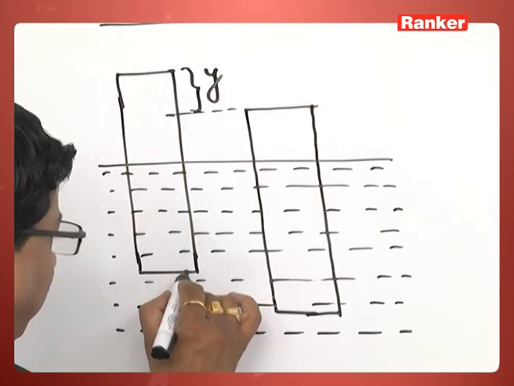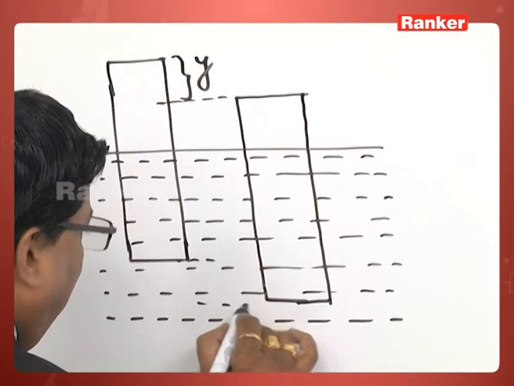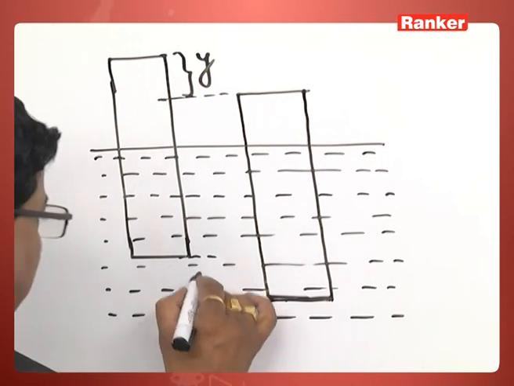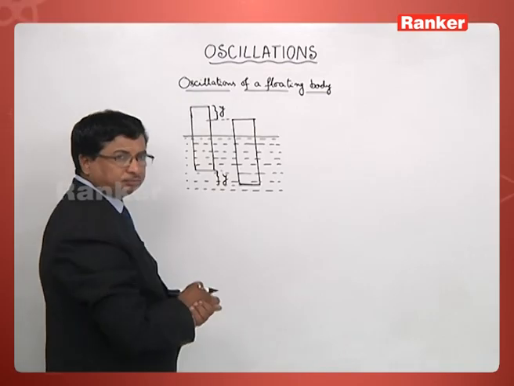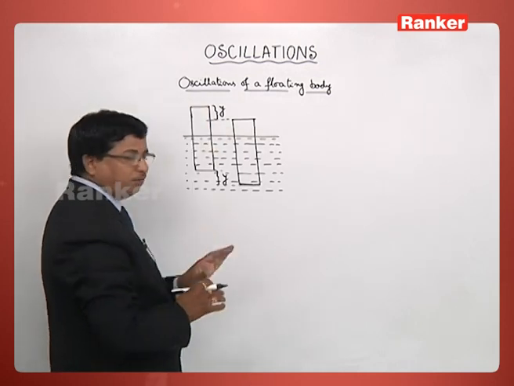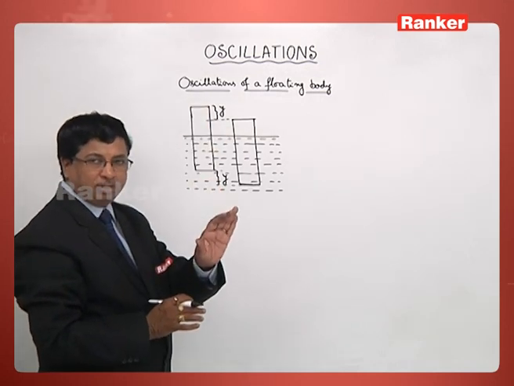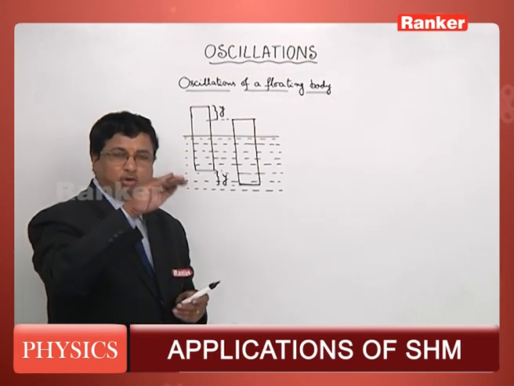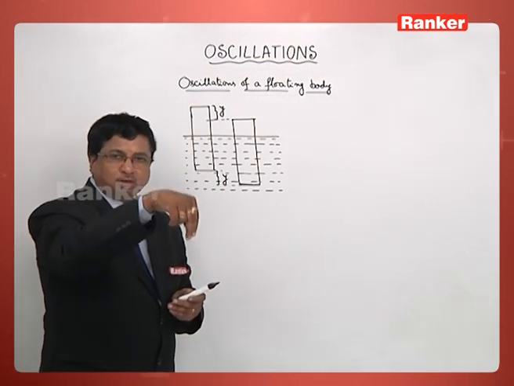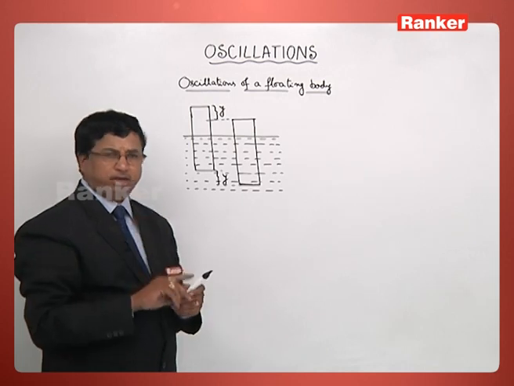And here also you will be getting the same value of displacement y. So, y is now going to be the displacement by means of which we have pushed that floating body into that water or that liquid.